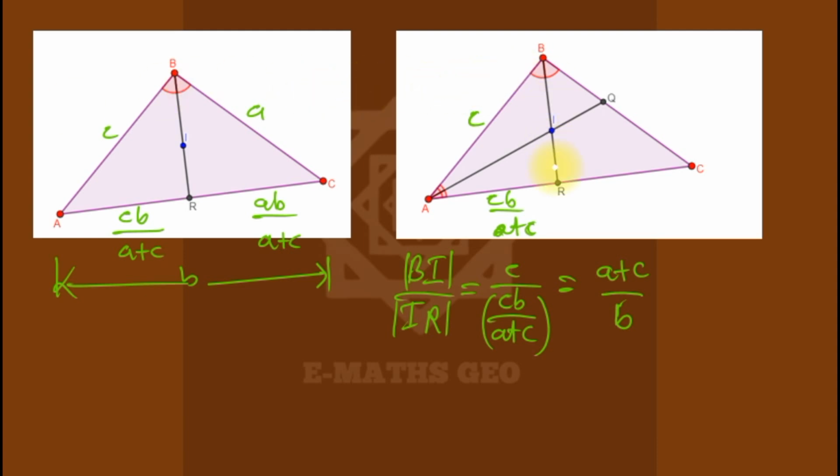BI over IR, the length here is A. So you add the other side over the other side. So that's it, I've proved it.